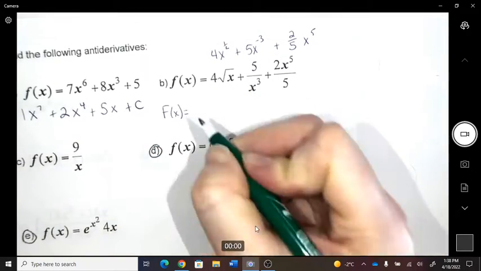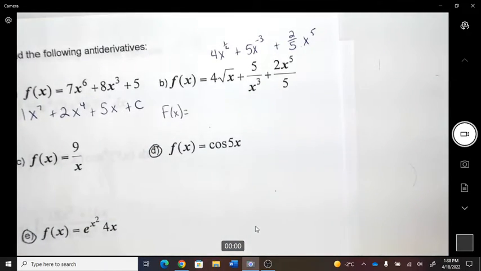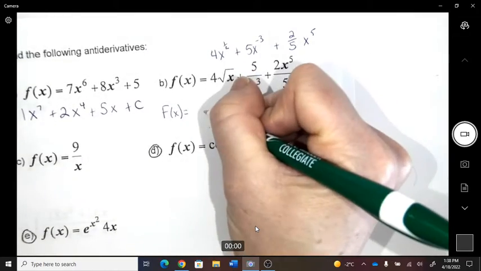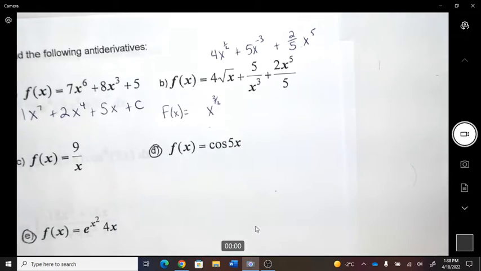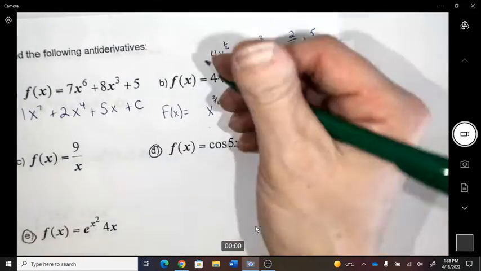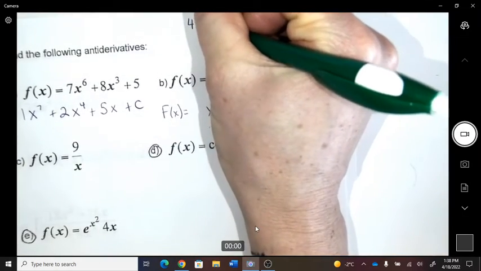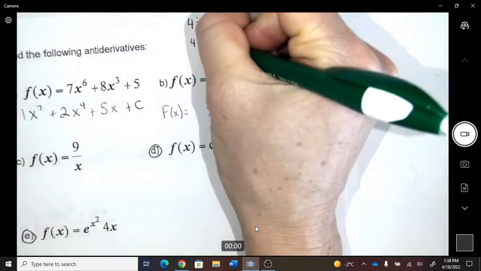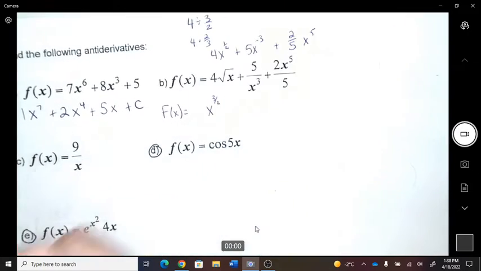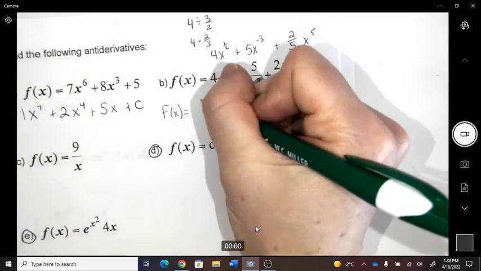Okay, so this one will be a little bit trickier on the math. So if I go up, this will be a 3/2. And then 4 divided by 3/2 is what I will have to do, which is also the same as that, which is 8/3.